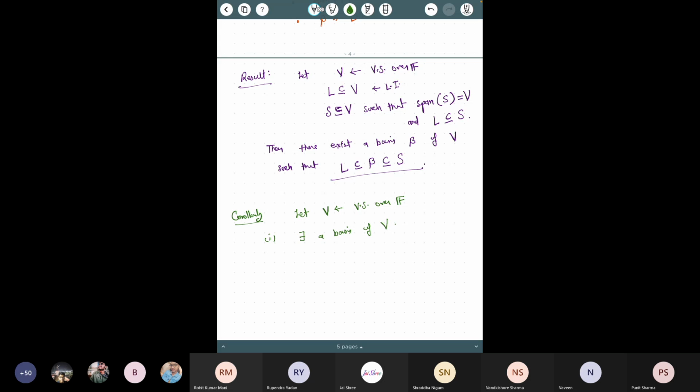Now, can you give me L and S such that I can always say that every vector space has a basis? Sir, any non-zero vector V, singleton V is L, and S is V. So you are saying that L is any non-zero vector, but what if V is just the zero space?